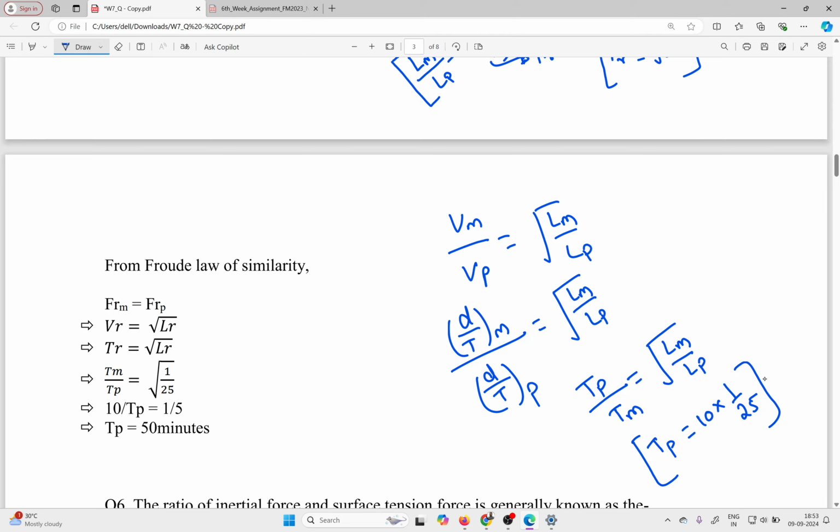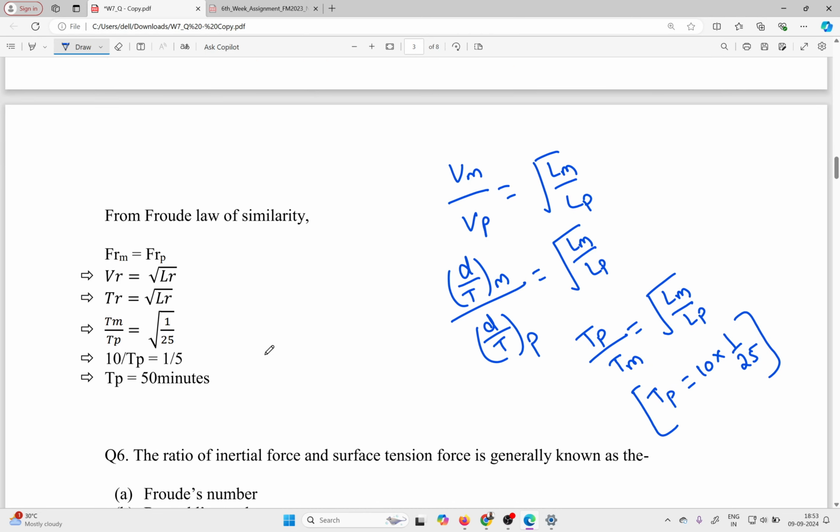So here I think it is minute or hour. How this calculation is done, I don't know. Actually, I think some mistake is here, because velocity is nothing but distance by time. So when we compare this in meter per second, definitely your T for the prototype will go up.